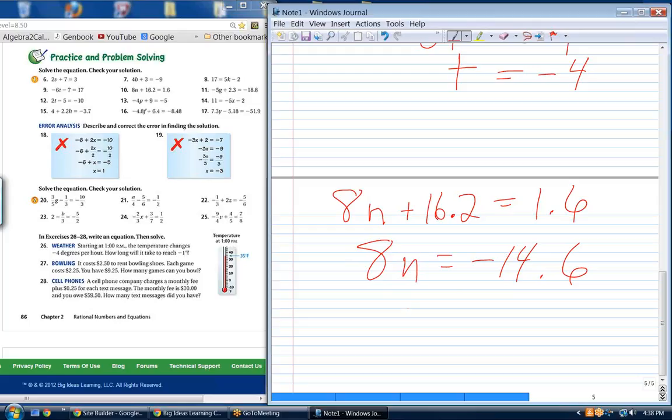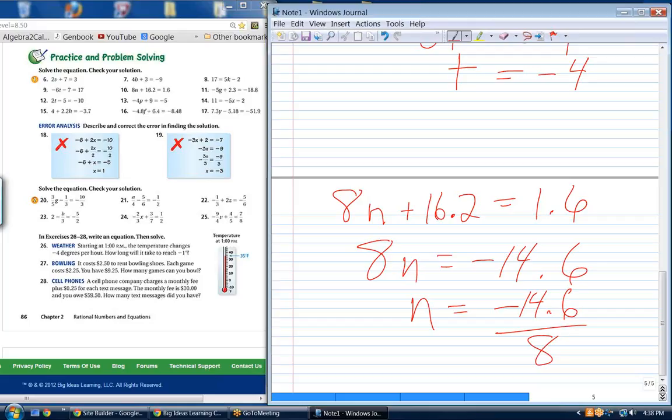And then, okay, one second, let me get a piece of scratch paper. You don't need a precise answer here. Just give it to me as an improper fraction. Negative 14.6 over 8. Okay. Is that an acceptable answer for your teacher, or does she want that as a decimal?